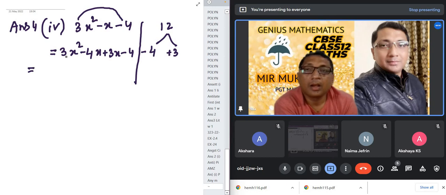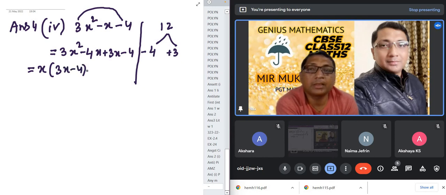Now from first and second, what is common? x is common. 3x minus 4. And from third and fourth, plus 1 is common. 3x minus 4. Now these two factors came same, so we can take common. 3x minus 4 into x plus 1.